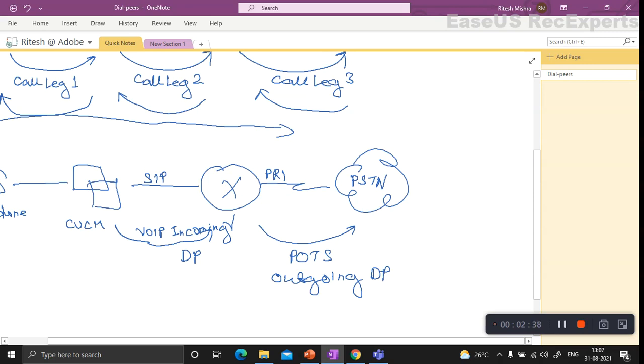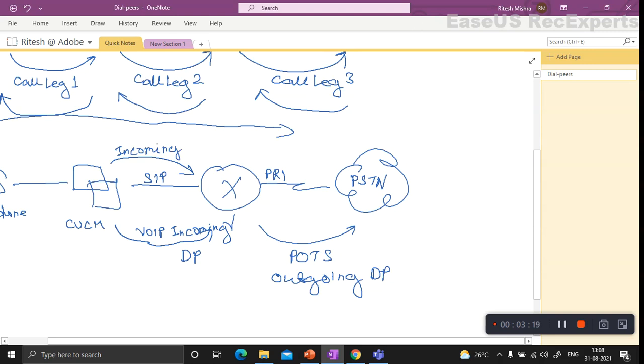Now, whether it will be incoming or outgoing depends on the direction of the call. When you're talking about dial pairs, the direction will be from the perspective of the voice gateway. So even if it's an outbound call for my enterprise network, this call coming from the IP phone through call manager to the voice gateway will be an incoming call leg, and it will be a VoIP call leg.